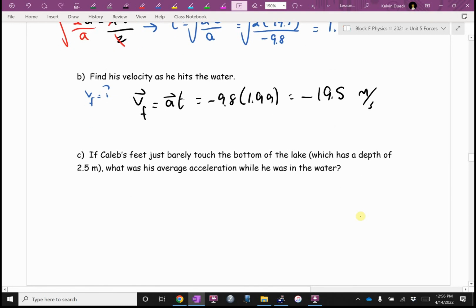Fahim, what's C want me to find? Is this a job for a free body diagram? Convince me. What else did the question give you? Give me a distance. I don't think this is a free body diagram.